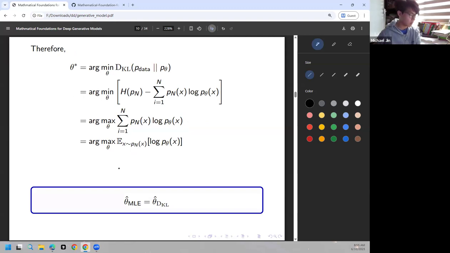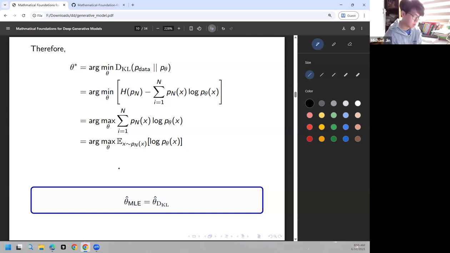So therefore, for the optimized parameter theta on KL divergence, if we want to minimize the distance between the real distribution and the probability distribution that we use the model to fit, we are just doing the argmin of the KL divergence using P of theta to encode P of theta, right?